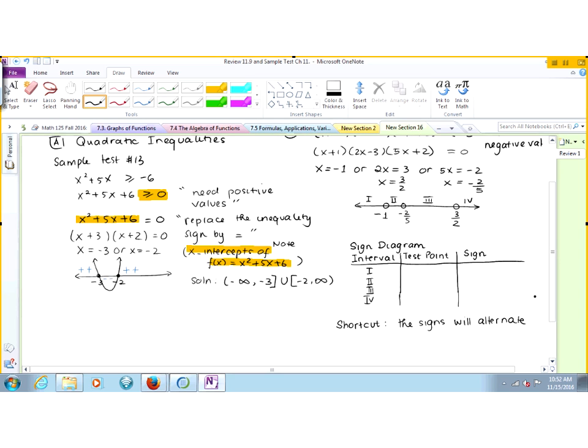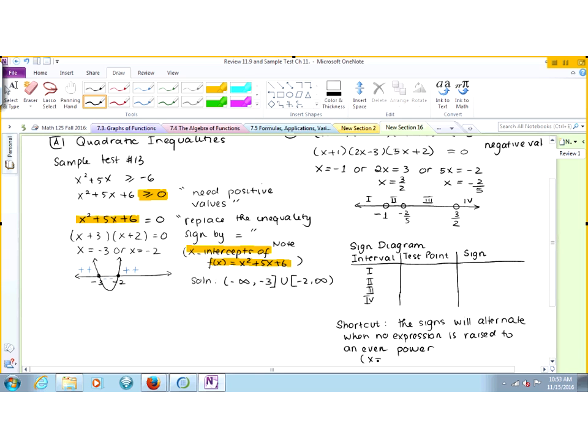So what do I mean by alternate? Plus, minus, plus, minus, plus, minus. Or minus, plus, minus, plus, minus, plus. When? When there is no expression raised to an even power. So the signs will always alternate when no expression is raised to an even power.